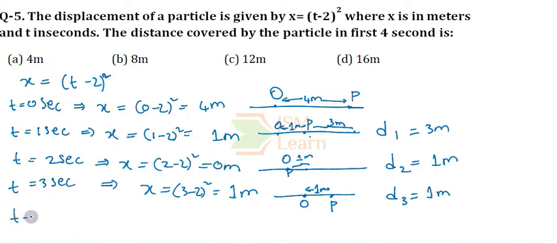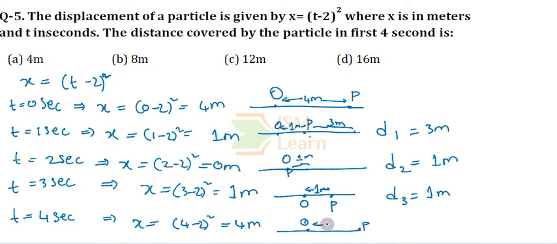When we find the position at t equals 4 seconds, we get 4 minus 2 whole squared, that is nothing but 4 meters. It means the position of the particle with respect to point O is now 4 meters. Okay, so the displacement between them is 4 meters.